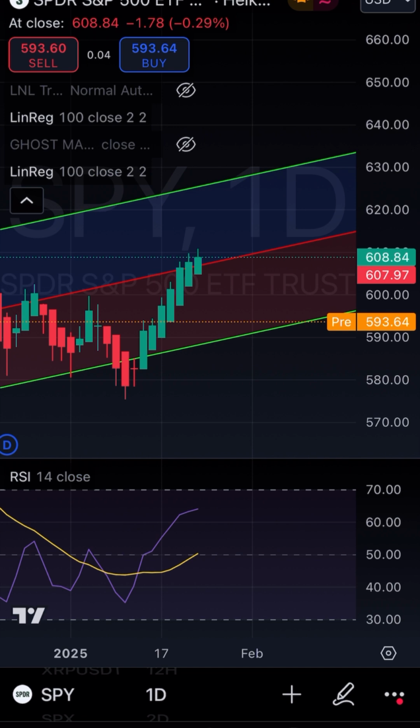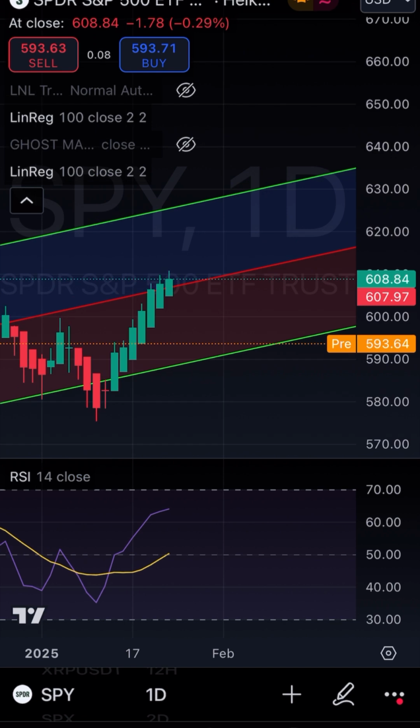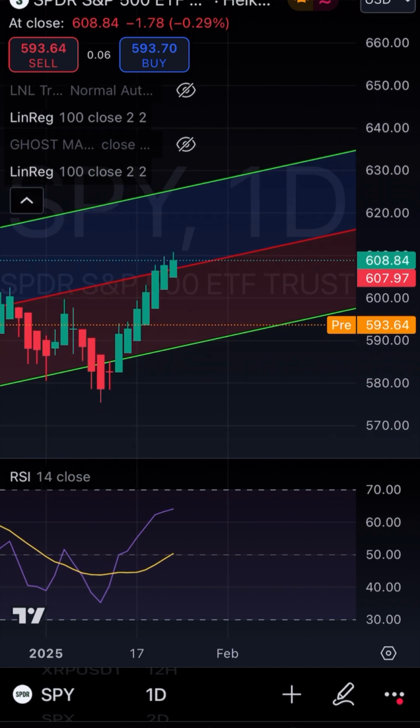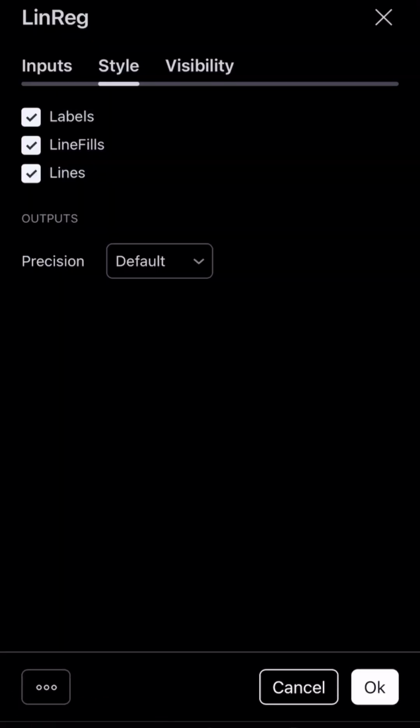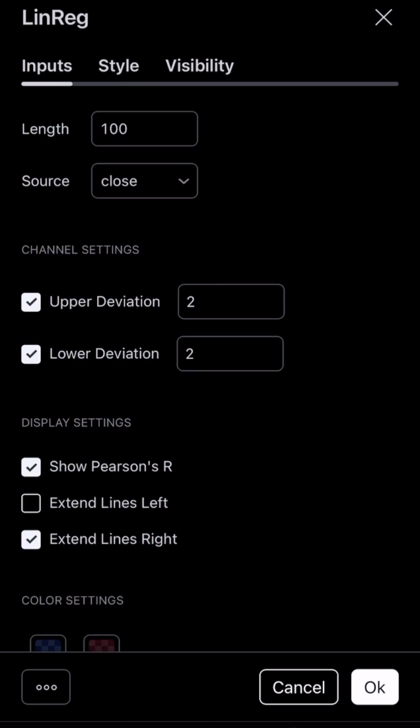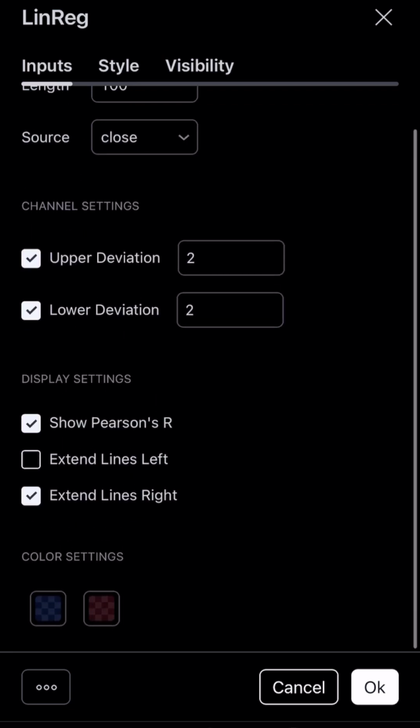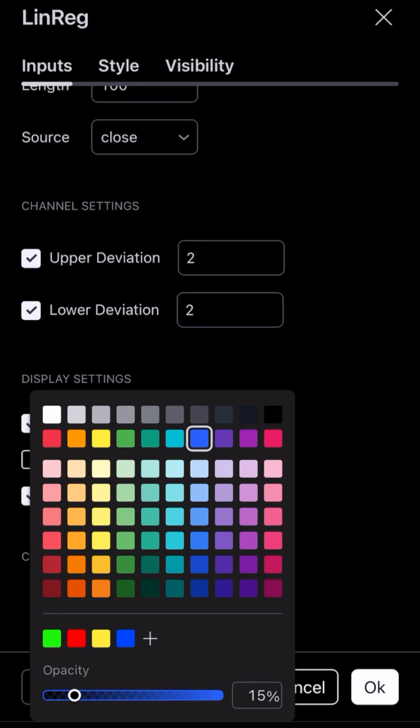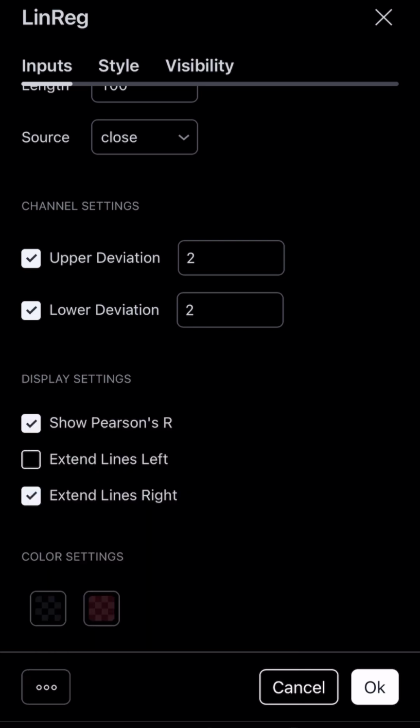So what I basically do is I just get rid of the blue and the red background because I find that a little distracting. So I go into the settings and make sure they extend the lines on the right side, and go to your color settings here and turn your opacity all the way down to 0.